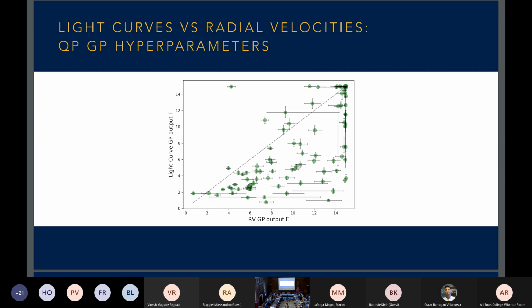So if you're training your GP for your radial velocities on a light curve, while you can use your period and you can use the evolution time scale, be wary that the harmonic complexity is likely going to be higher.